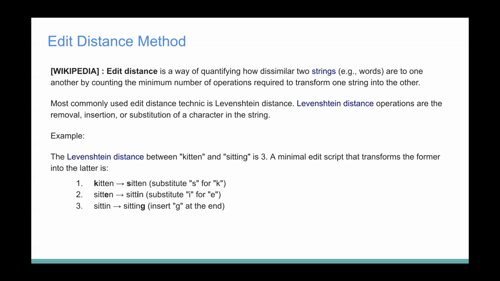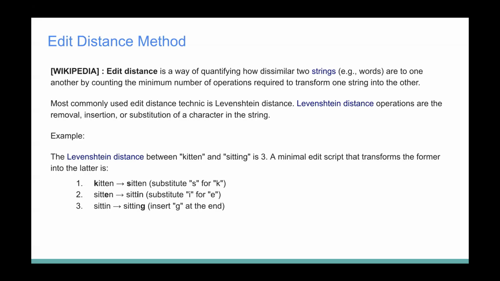Let's take a simple example here to calculate Levenshtein distance. We have two strings, kitten and sitting. Let's try to transform kitten to sitting.